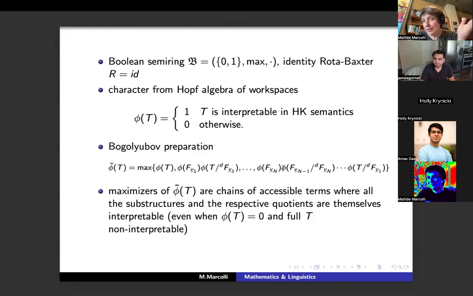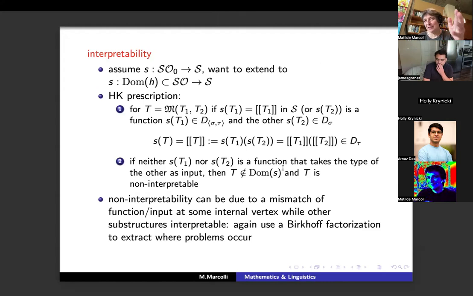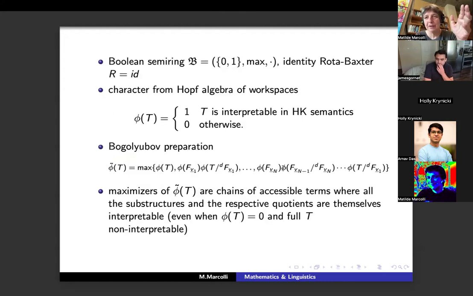And so if we do this, it is just a simple-minded thing that is simply encoding this definition of what parsability means. But then, what does it mean to take this Bogoliubov preparation that looks at all the substructures at the same time? So this is doing something. What it's doing is to actually check, in the case where something is not parsable, it's actually locating the substructures that are parsable and the maximal combination of substructures that is still parsable, even though the entire thing is not parsable.